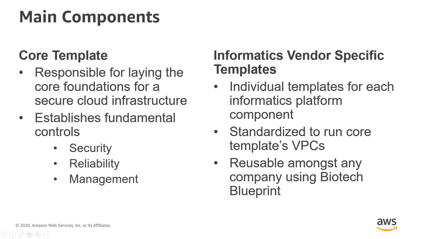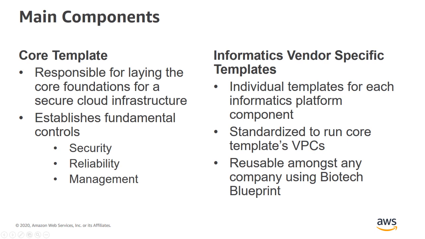The other half of the blueprint is that we have partnered with a number of leading informatics vendors and packaged up a number of their tools, both commercial as well as open source, inside of what we're calling the Biotech Blueprint Informatics Catalog.